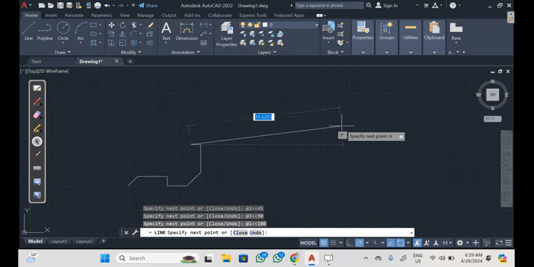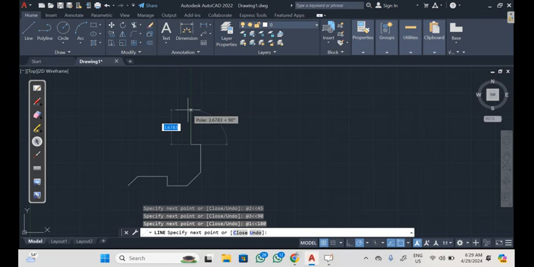Then 8 to 9 is at 1 with an angle of 90. Let me show you by saying minus 270, which is still going to go up as well. Then the other one, 9 to 10, is at 3 with the angle of 180.